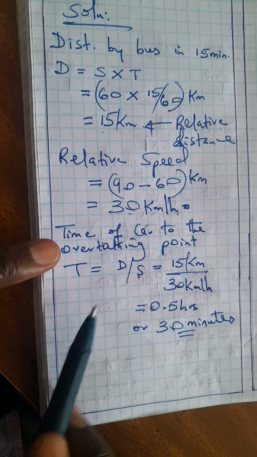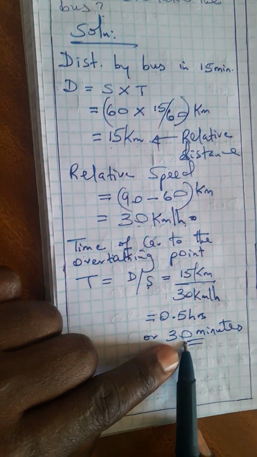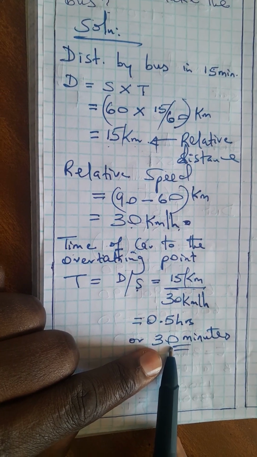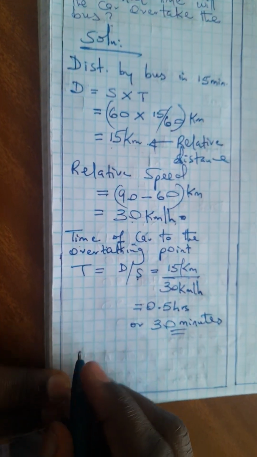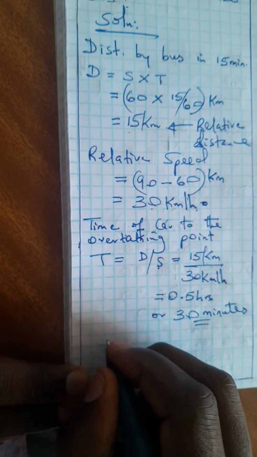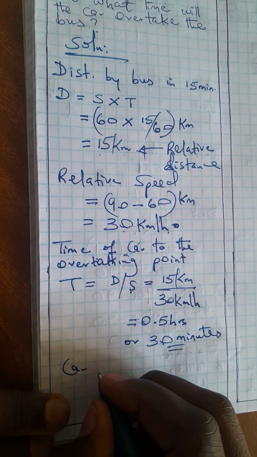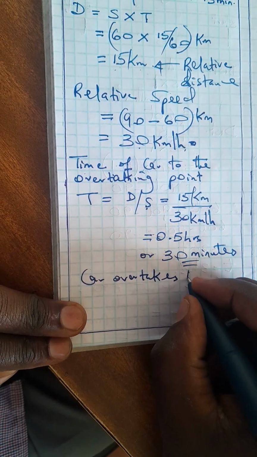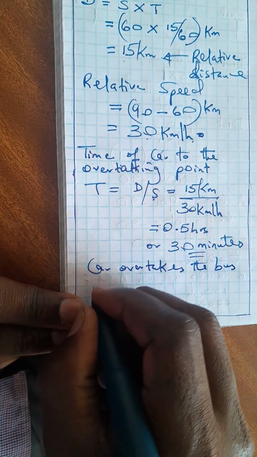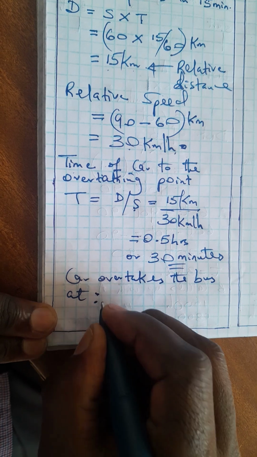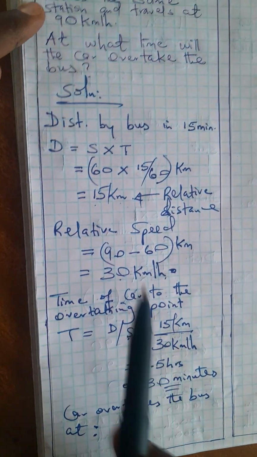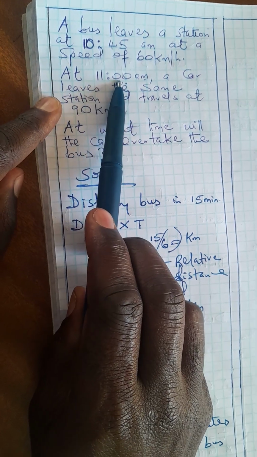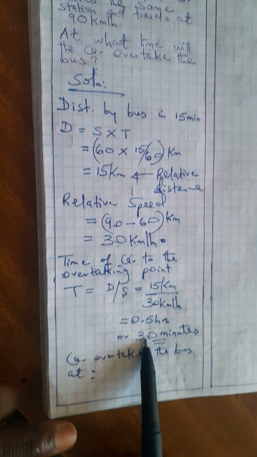It means that the car takes 30 minutes until it catches up with the bus so that it overtakes it. So at what time will the car overtake the bus? Here we know that the car begins the journey at 11 a.m., and for it to overtake the bus, it takes 30 minutes.